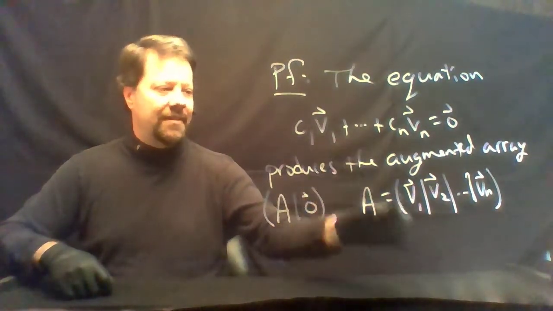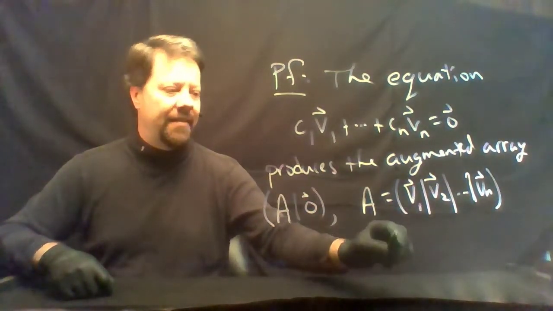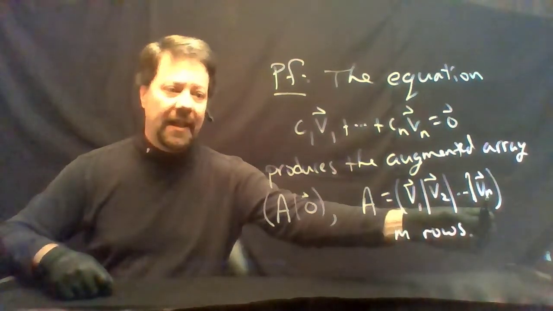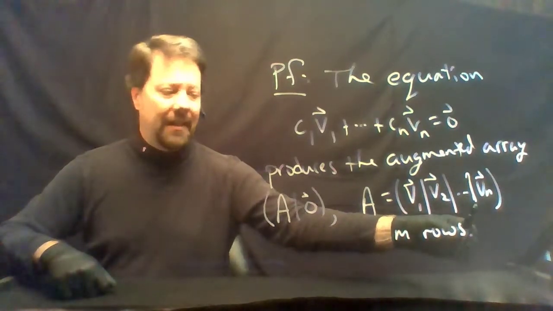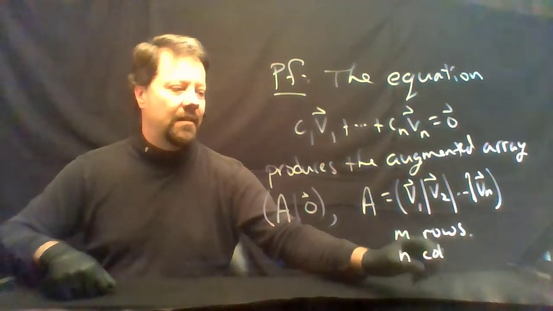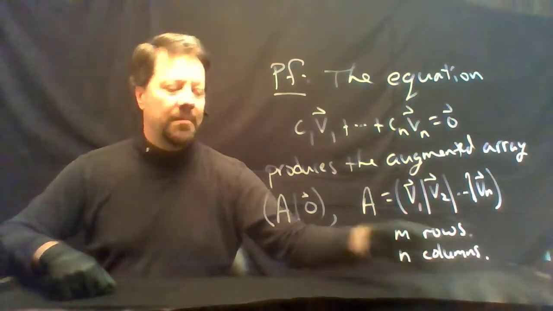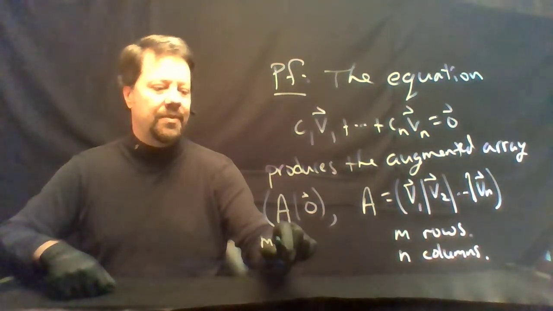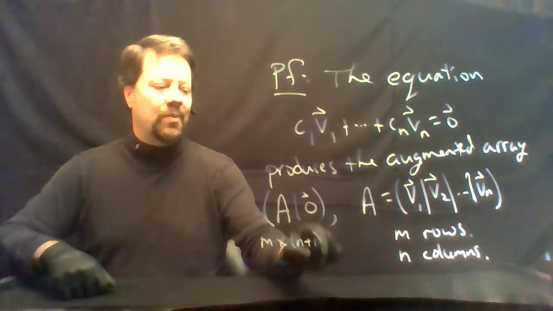Now, because each of these vectors is in Rm, you have m rows, but you clearly have n columns. That means this will have m rows and n plus 1 columns.